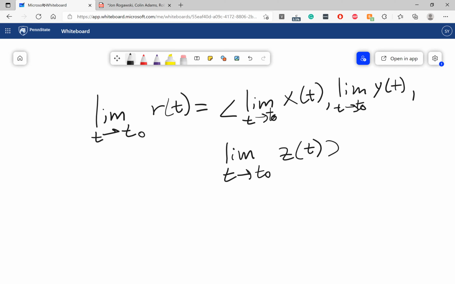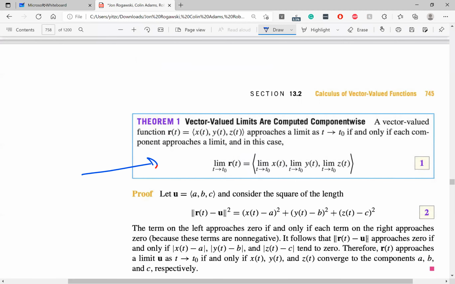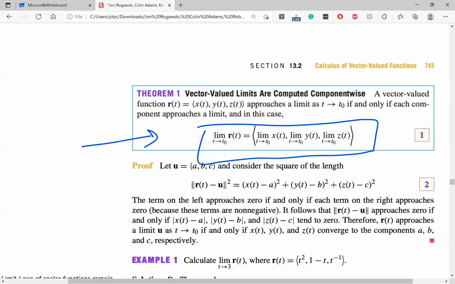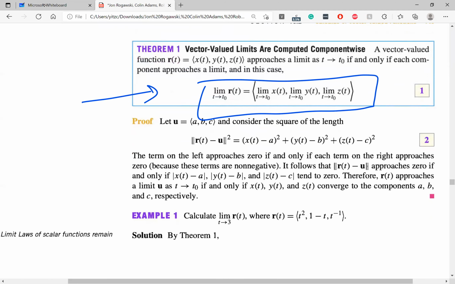Okay, and it intuitively makes sense. If each one of your components is approaching this vector u, then your R of t should be approaching that vector too. So how do we actually find limits for vector valued functions? Well, we take the limit of each component individually, and we know how to do that from Calc 1. And that's this over here. So the limit as t goes to t0 of R of t is the limit for each component.